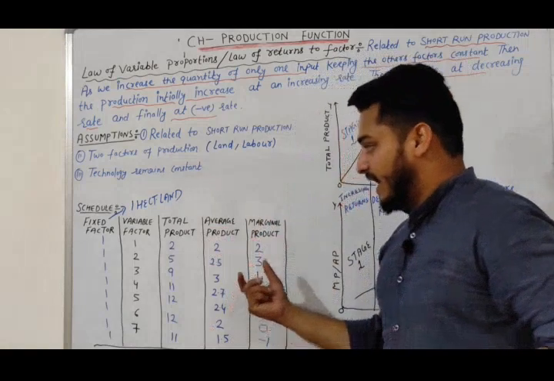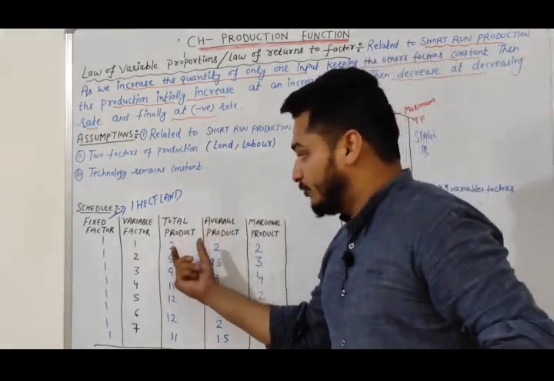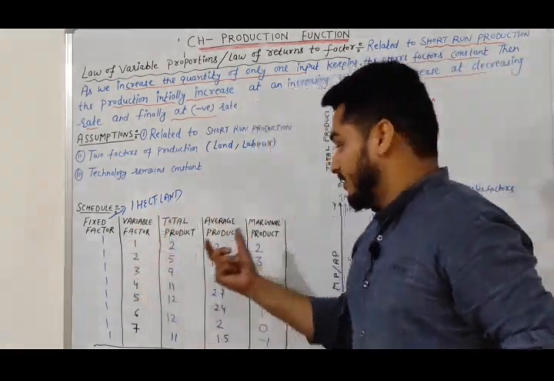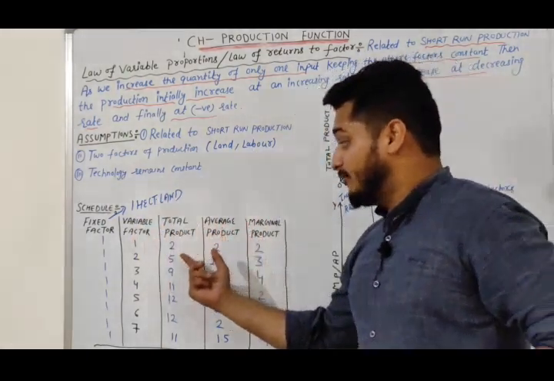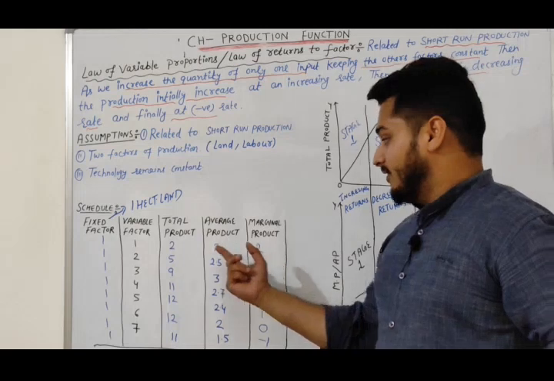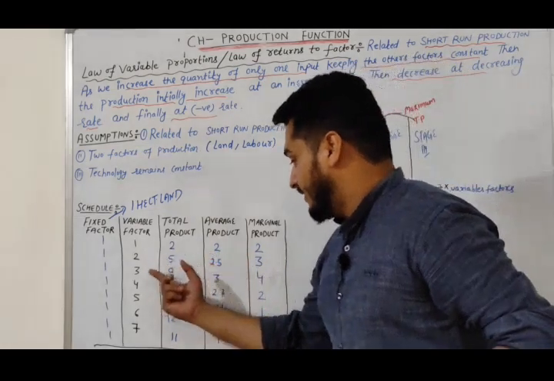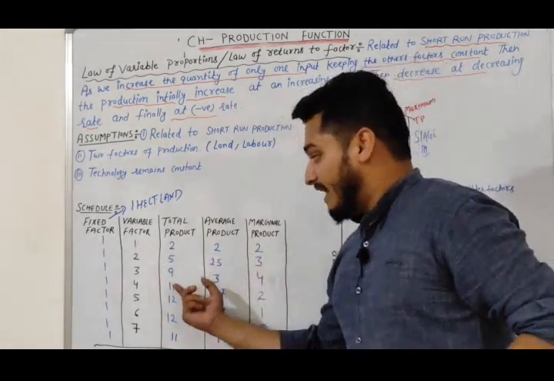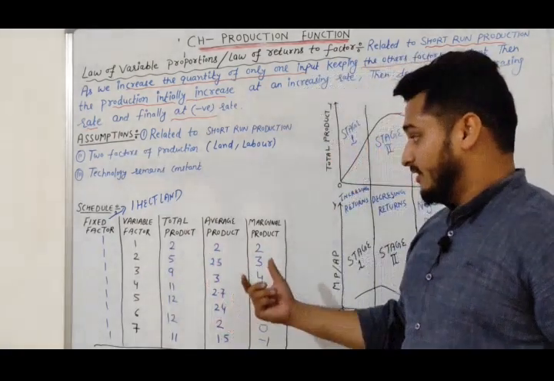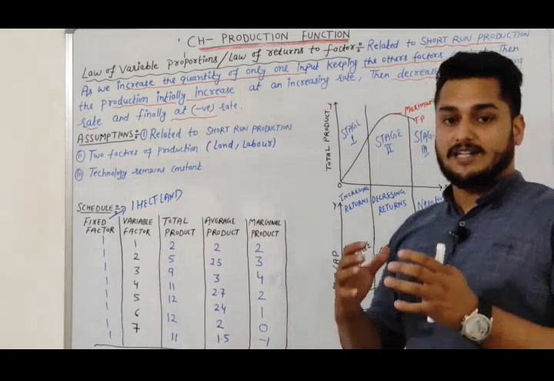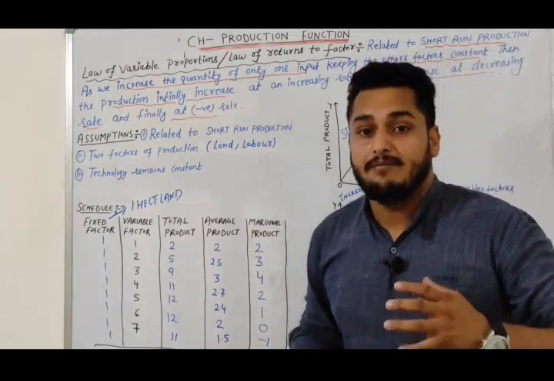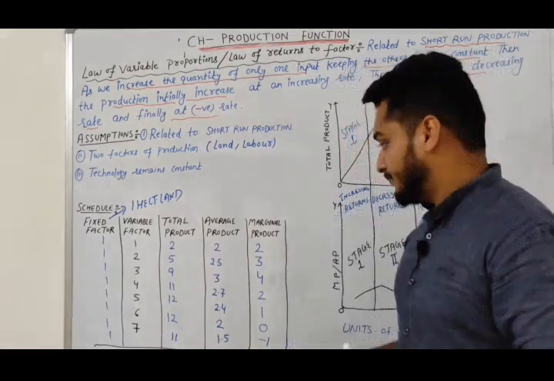Now average product is equal to total product divided by variable factors. So total product 2 divided by 1 is 2, 5 divided by 2 is 2.5, 9 divided by 3 is 3, and 11 divided by 4 is 2.7. So that is our average product. Marginal product is equal to TP n minus TP n minus 1.